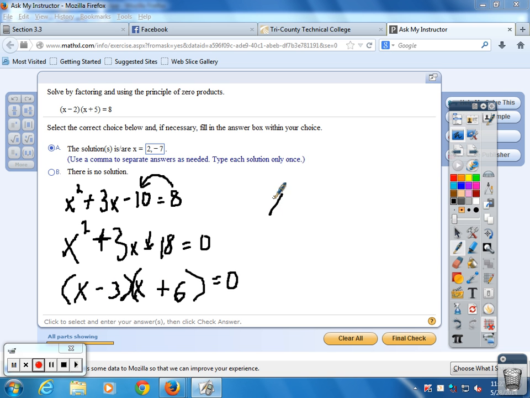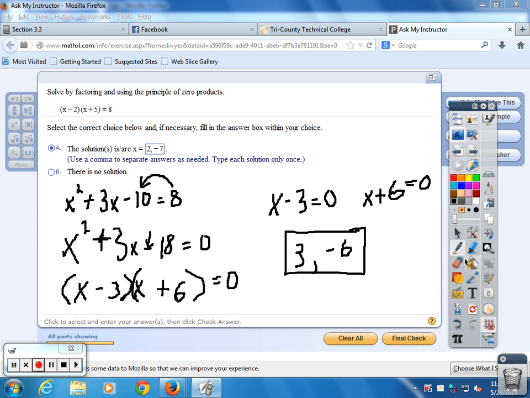And x minus 3 is equal to 0. And x plus 6 is equal to 0. What's our final answers? 3 and what? Negative 6.